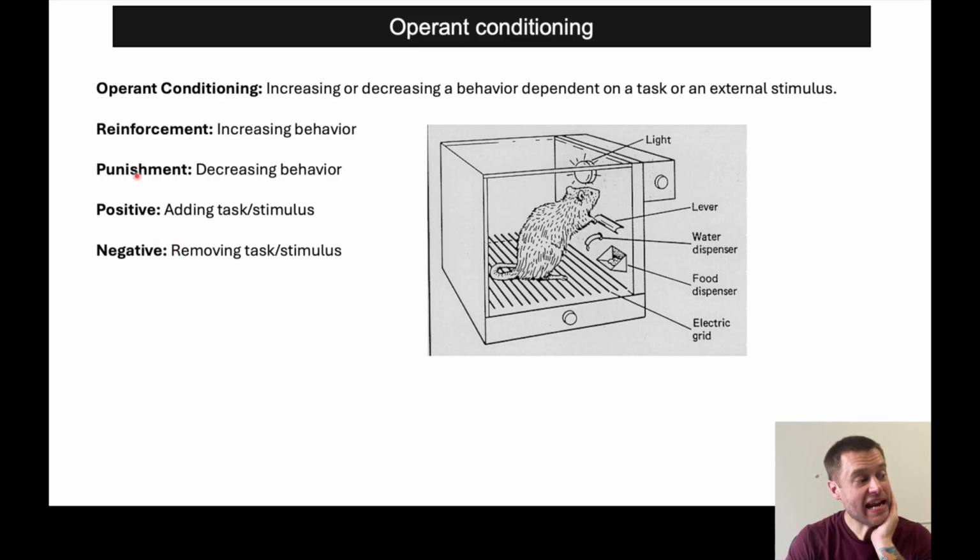So negative reinforcement is removing a task or a stimulus to increase behavior. This is a little bit counterintuitive, but basically it refers to when you have a painful or annoying stimulus that goes away if you do the behavior, right?